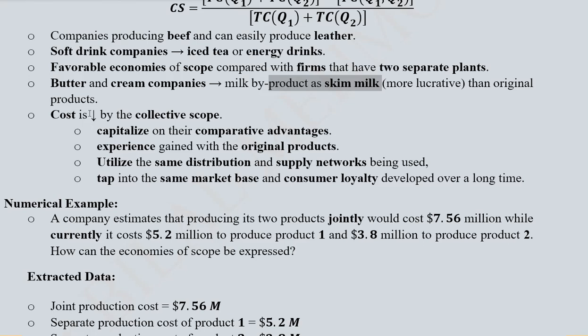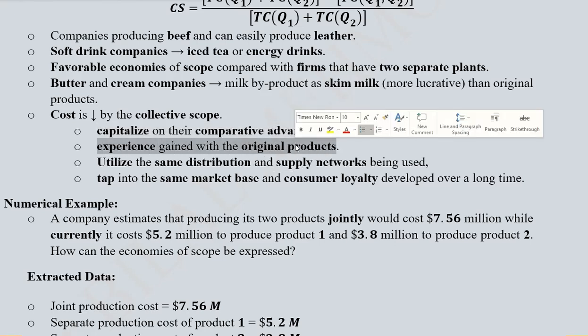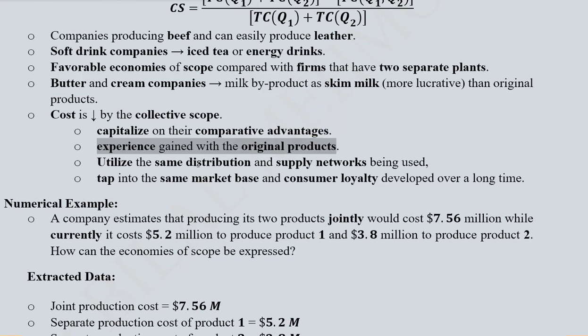And the cost declines because there is collective scope, and in that collective scope they can capitalize on their comparative advantages. They can gain more experience from the original products that can further help them to produce the newer products with ease and with less cost.